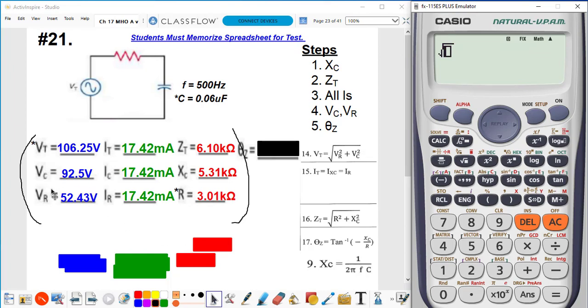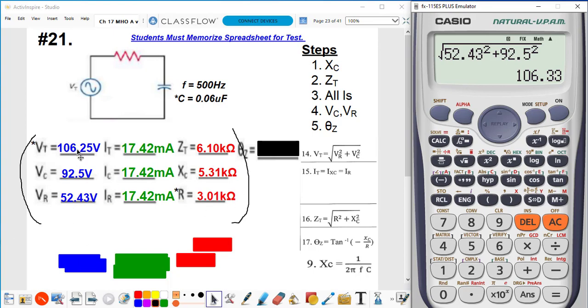We're going to open our square root. We're going to do VR, which is 52.43 squared plus 92.5 squared. It equals 106.33. Well, it's a little bit off, but that's okay because we're not using every single number after every decimal point in all of our calculations.